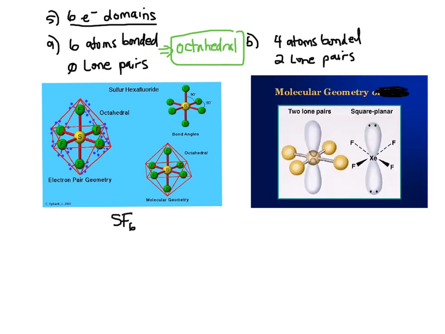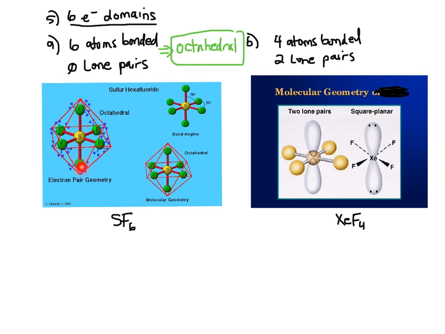And then the last molecular geometry you will need to know is where you have 4 atoms bonded and 2 lone pairs, so a total of 6 electron domains. So something like xenon tetrafluoride would form this particular shape with xenon as your central atom, and then there are 1, 2, 3, 4 atoms bonded, and then 2 lone pairs.